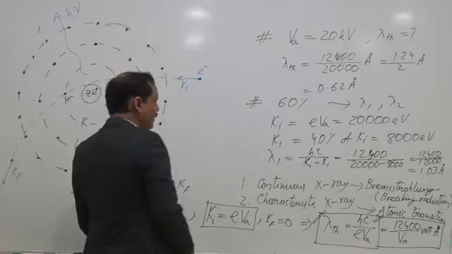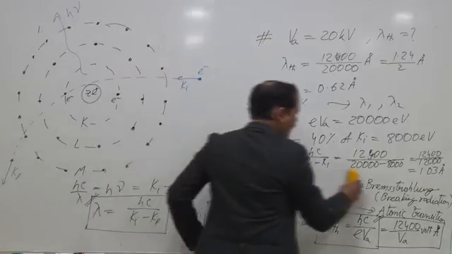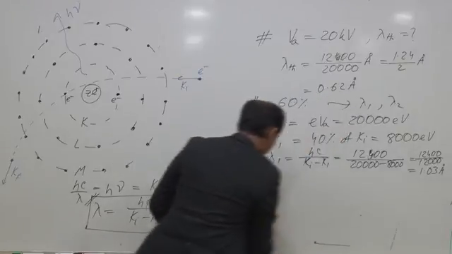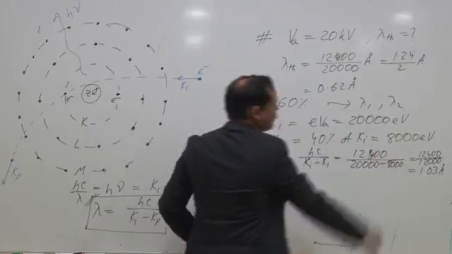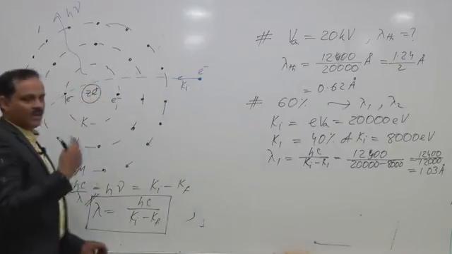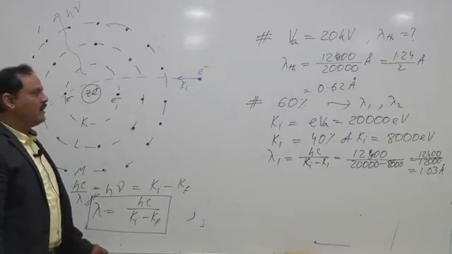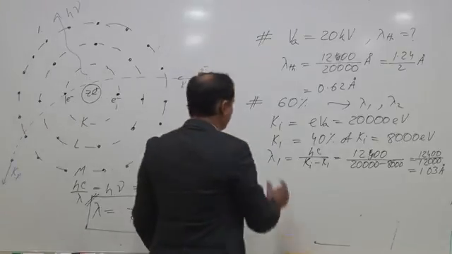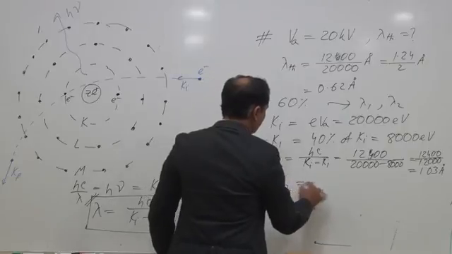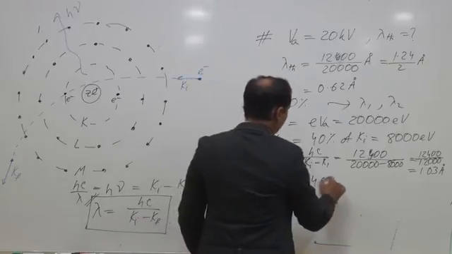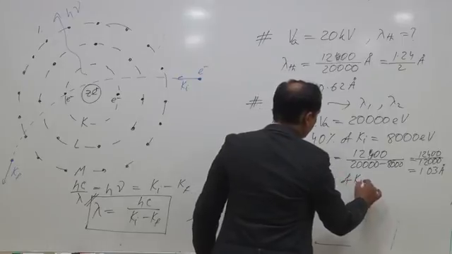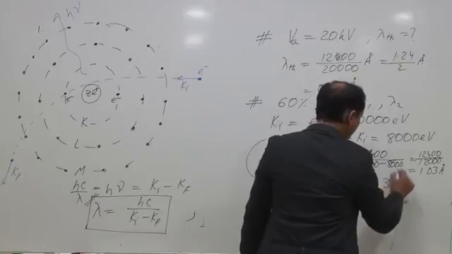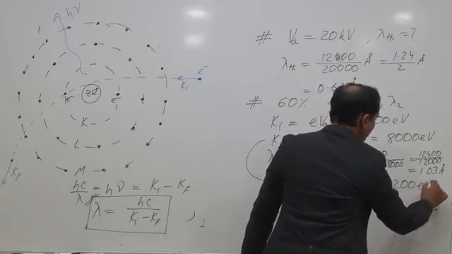Now we need to find the second photon. After the first collision, the kinetic energy left is 8,000 electron volt. In the second collision, it again loses 60% of its energy, so 40% is present. So the energy left is 40% of K1, that is 3,200 electron volt.